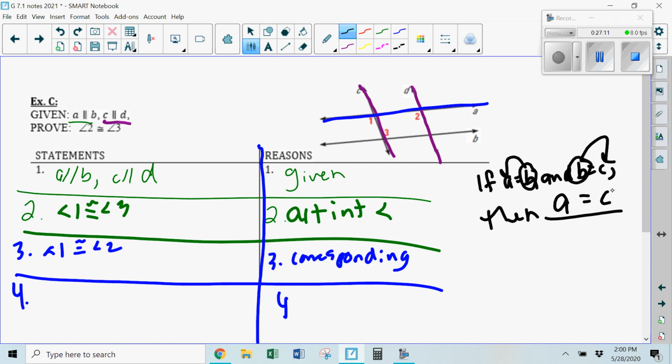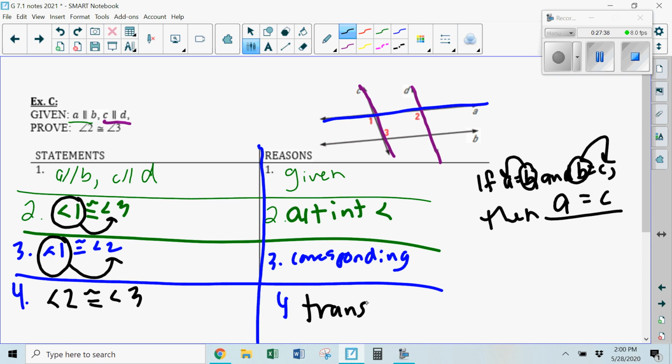That's the transitive property, and we have that happening here. So take a look. I always have students circle it. Circle angle 1, it's the same as 3. Circle angle 1, it's also the same as 2. So what does that really mean? If they're all alike, that means 2 and 3 are alike or congruent. It's called the transitive property.